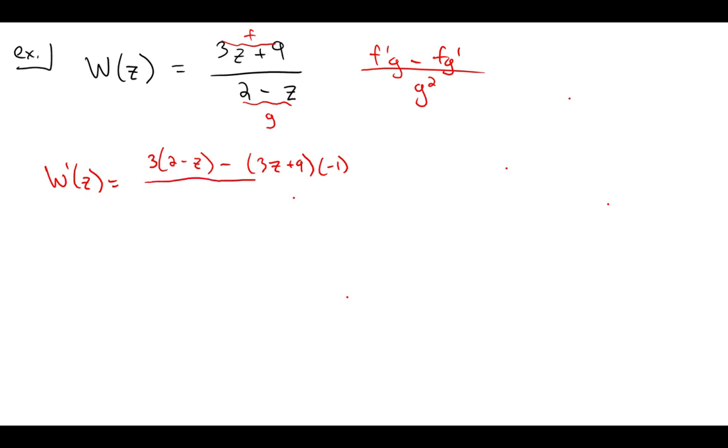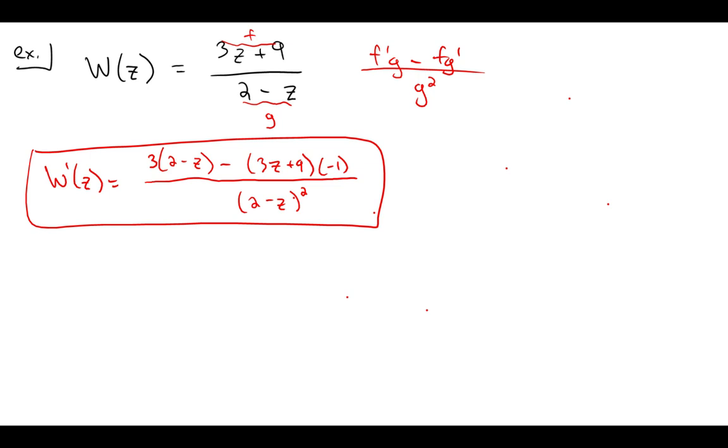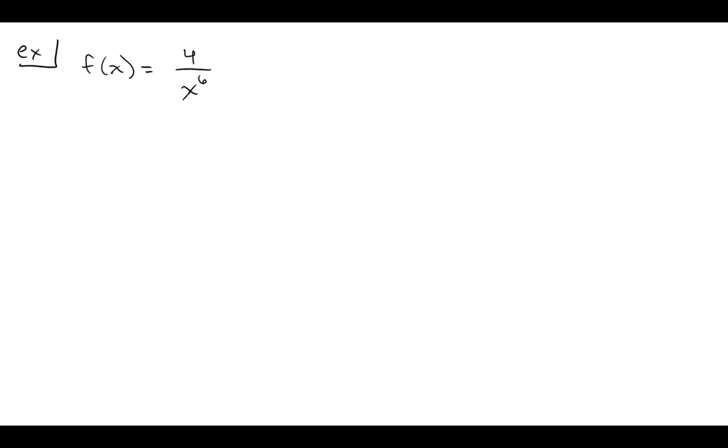And all of this over the original bottom, 2 minus z squared. We'll leave it right here for now. I know you guys are good at simplifying, but at this point, just leave it here so I can see your work. Okay, so we got f prime times g minus fg prime over g squared. Let's look at a couple more.